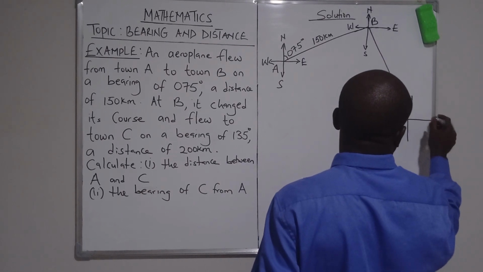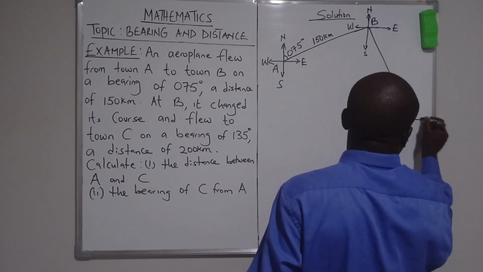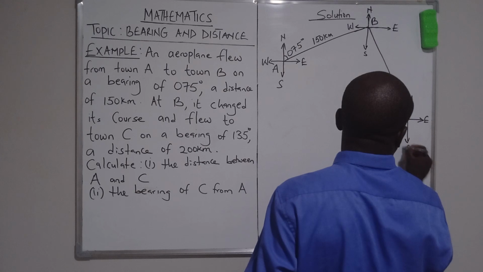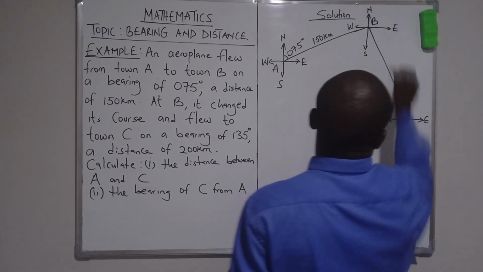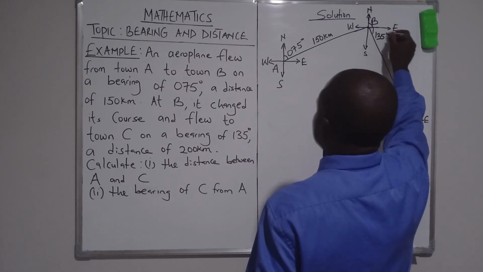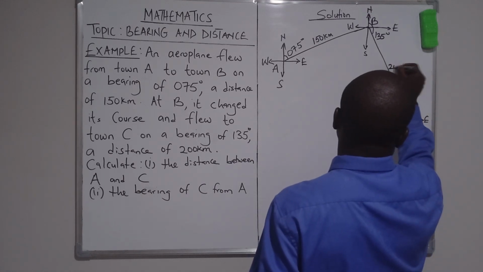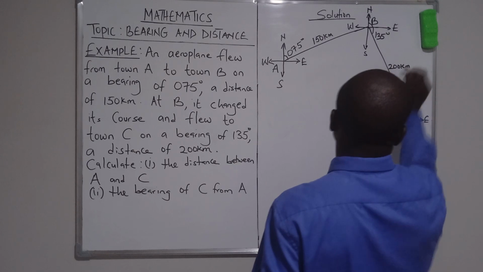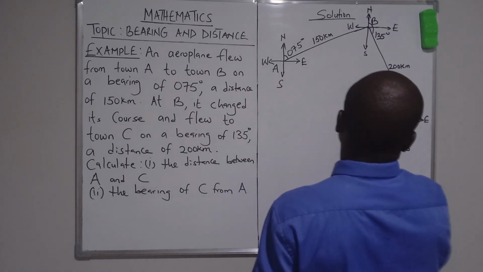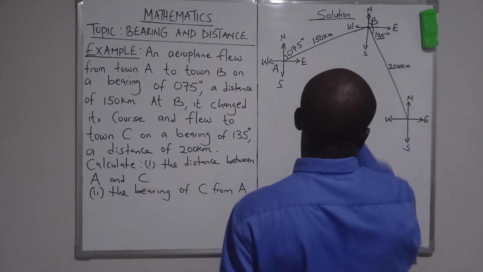The north, east, west, south. That's 135 degrees, distance of 200 kilometers. Make sure the line is longer than 150, so that it will be seen that it's longer.